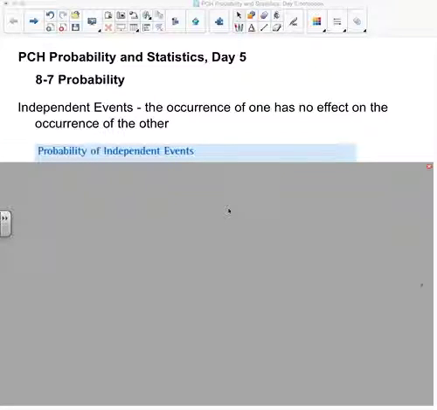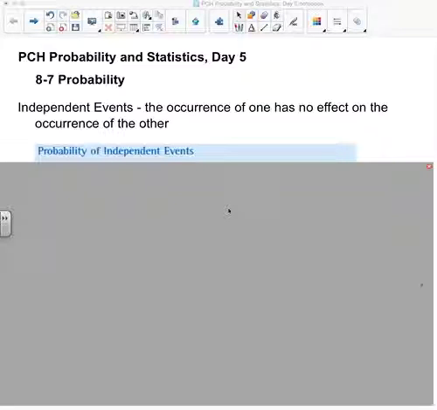So we were looking at independent and mutually exclusive events. Today, what I want to focus on are independent events. And these are events, if you recall our definition, that are happening one after another, they're happening together, but one of them happening has no impact on the other one happening. Okay?